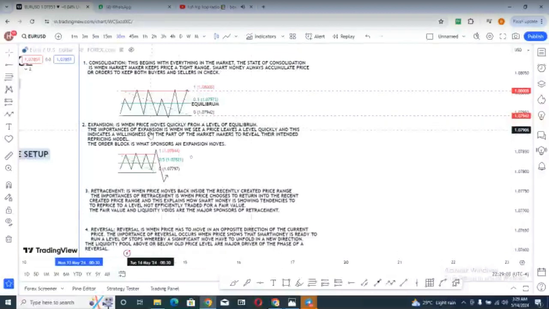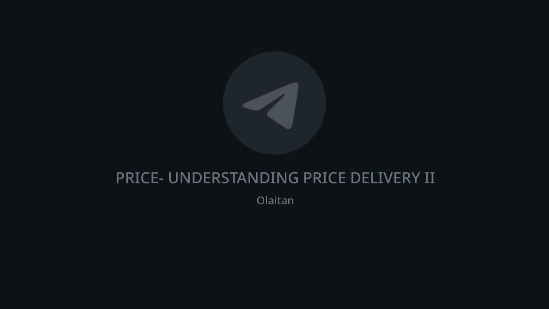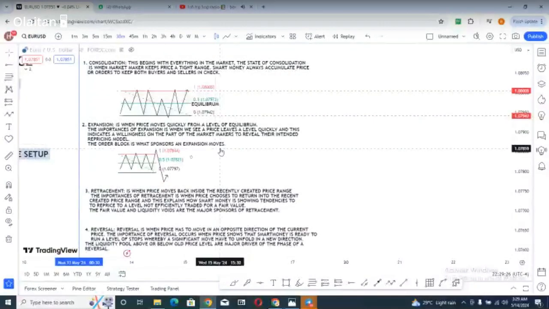Price leaves a level quickly, and this indicates a willingness on the part of the market leader to reveal their intended pricing model.